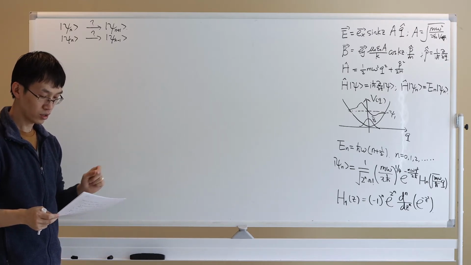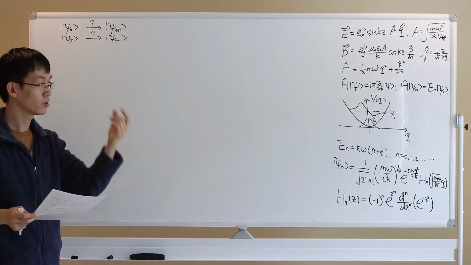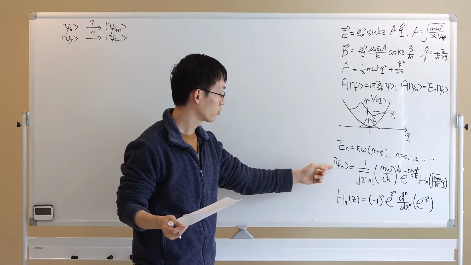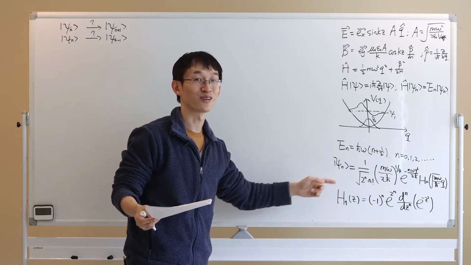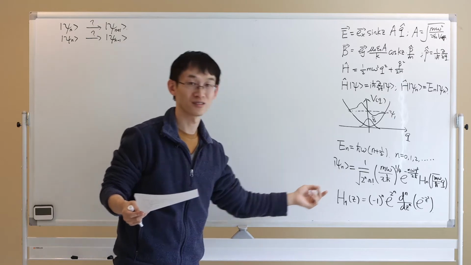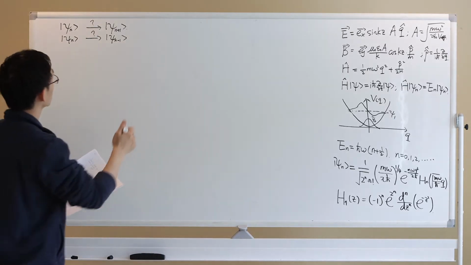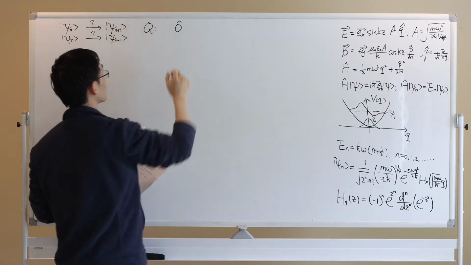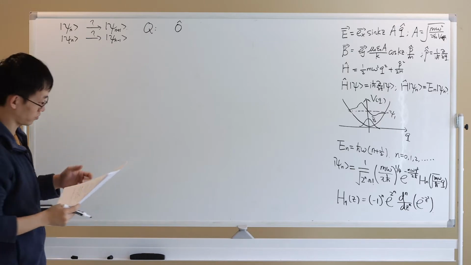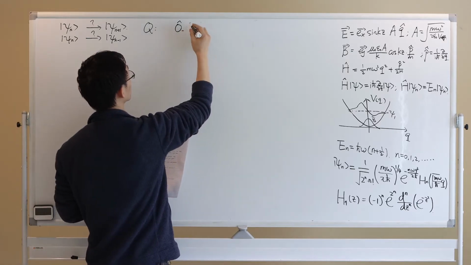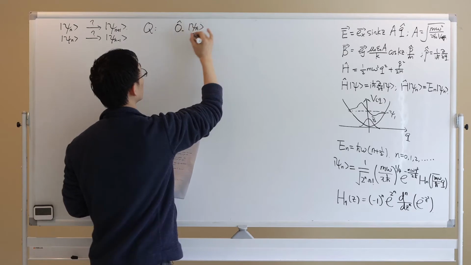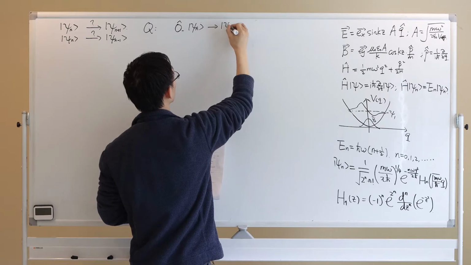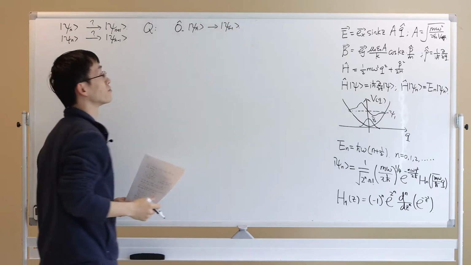The other thing is that carrying the wave function in all the calculations is almost impossible, because it's too complicated. So the question is, is there an operator that we call a lowering operator, which if you act on an n photon state, will give you an n minus 1 photon state?